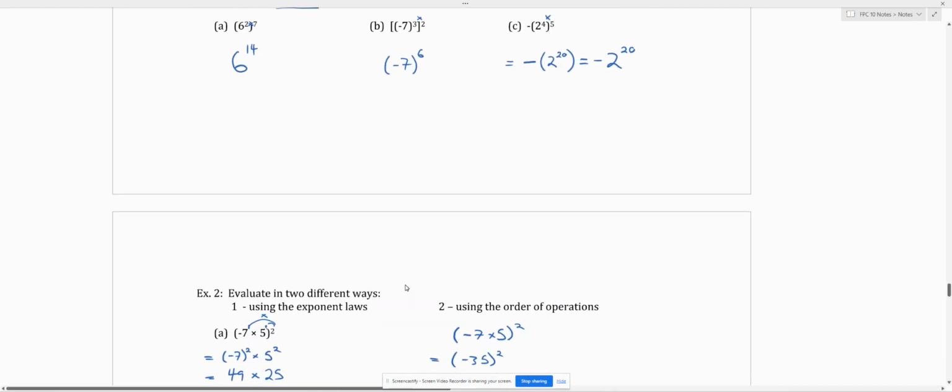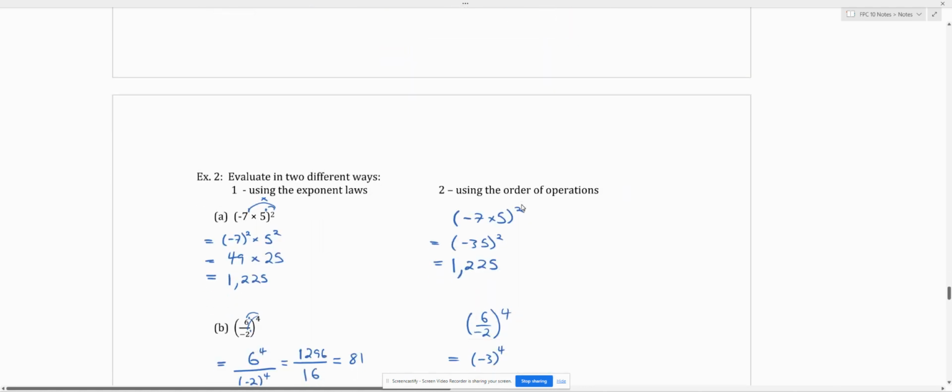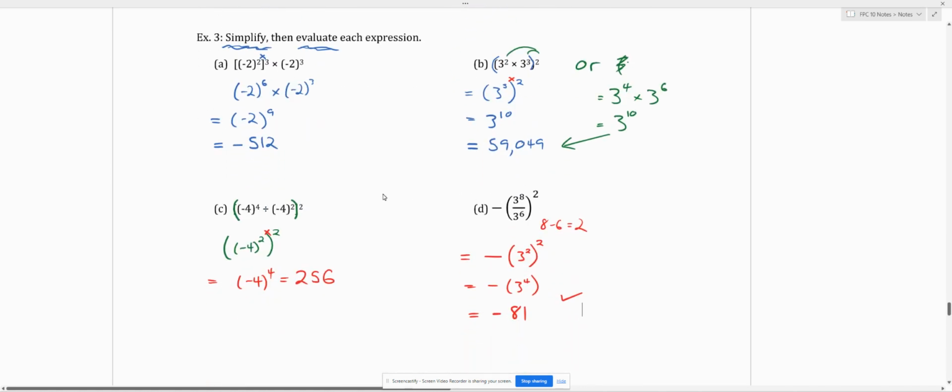And then we did some examples to see how that can work, comparing it to BEDMAS. Sometimes BEDMAS might be faster. But again, if I went back to say, let's take a look at this one, 3 to the 8, 3 to the 6. These would be really big numbers, and it would make BEDMAS a lot more work. So using our laws, we can make it much simpler than evaluating.